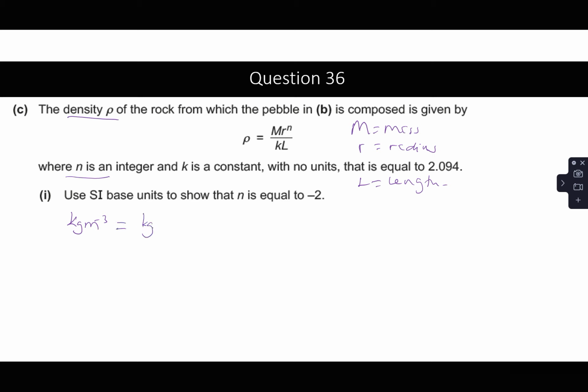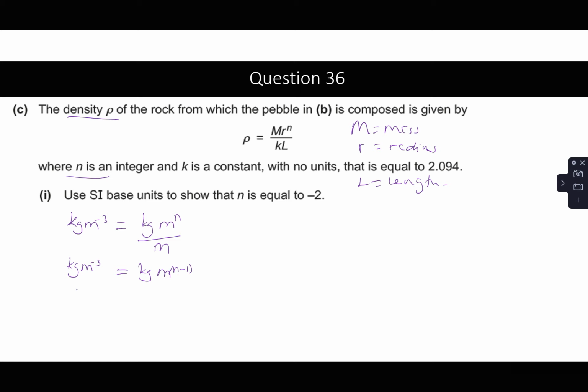Mass is kilogram. Radius, that is meters power n, divided by k. K is a constant with no units. So L is a length, which is going to be meters. So I can simplify. On the left, I still have kilogram per meter cubed. On the right, I have kilogram m power n minus 1.